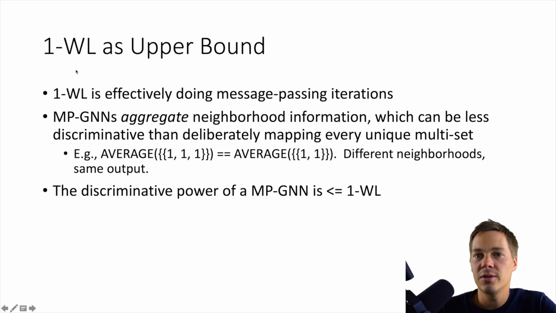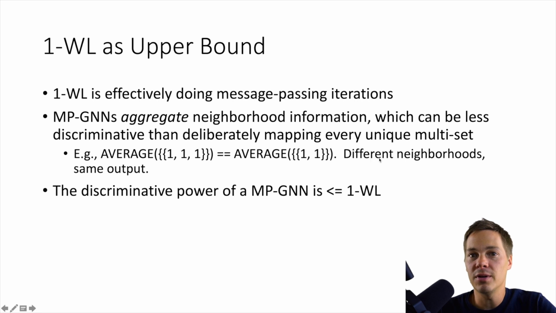To be specific, let's say we have this multiset of 1, 1, 1, which represents a connection to 3 nodes of label 1. If we apply the average aggregation function in our message passing GNN, that'll give us the same answer as 1, 1, which is just a neighborhood of 2.